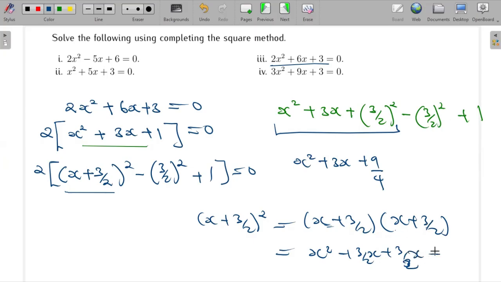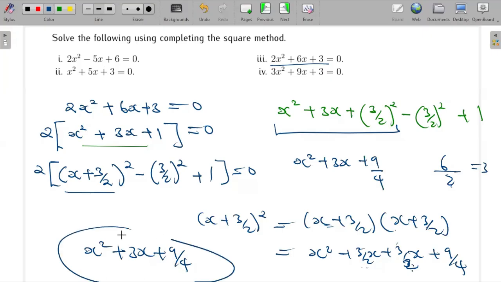And then that by that you get 9 over 4. Now when you add these two, 3 over 2 x plus 3 over 2 x, keep the base 2, add 3 plus 3 is 6, divide, you get 3x. So that just simplifies to x squared plus 3x plus 9 over 4, which is exactly what we have here.